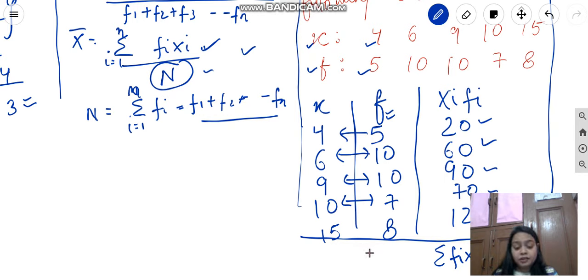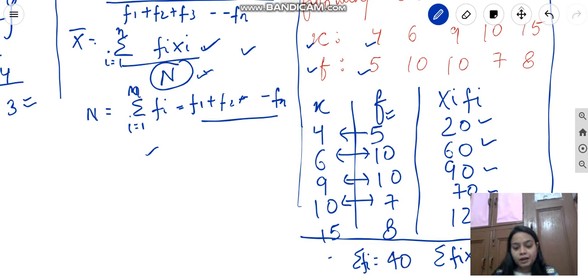The next step, step 4, is to find the sum of all frequencies, because we need to calculate n, which is equal to summation fi. So it will be equal to 40.